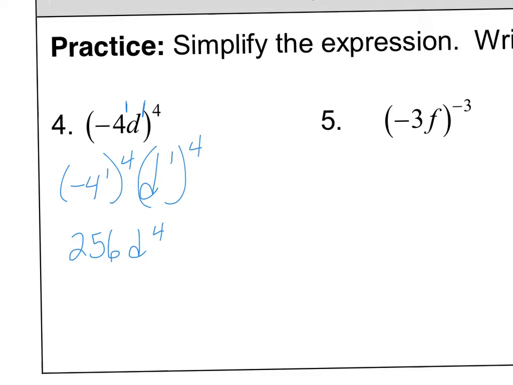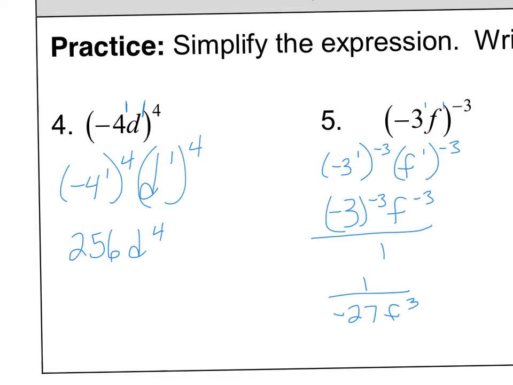Okay, so again, now using that same concept of inside power times outside power, I want you to do number 5 on your own. Pause your video while you do it, and then start the video back up and check on the answer. Okay, so when you're looking at this, we end up with negative exponents, which means we're going to end up with a fraction.